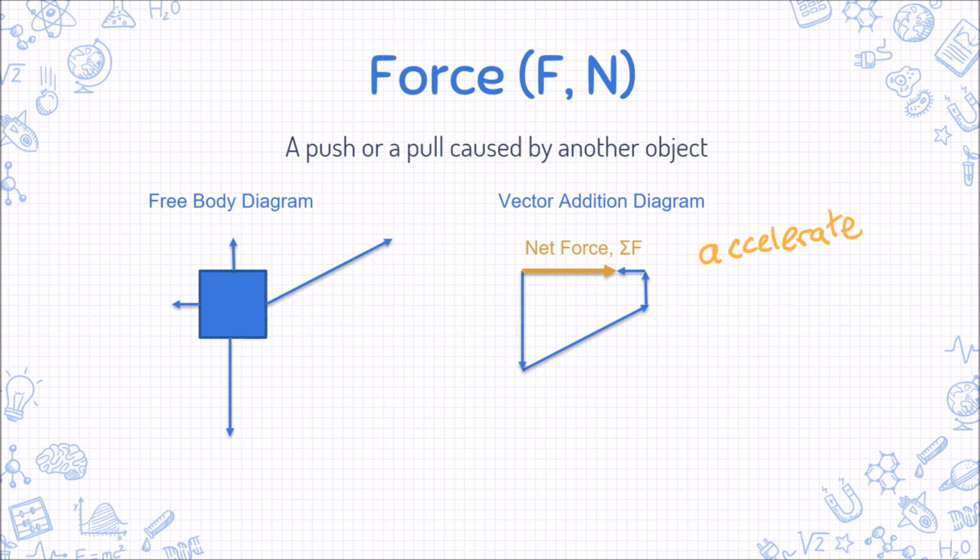We add them head to tail, we can add them in any order, and we can move them around so long as we're not turning them. Now we can take a look at how we use those vectors in our momentum situations.